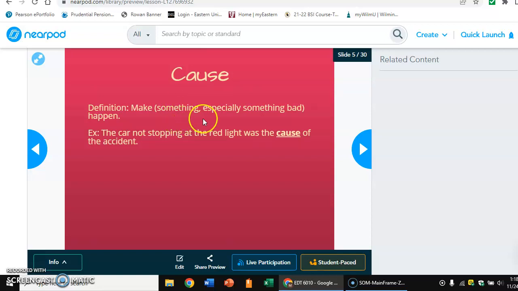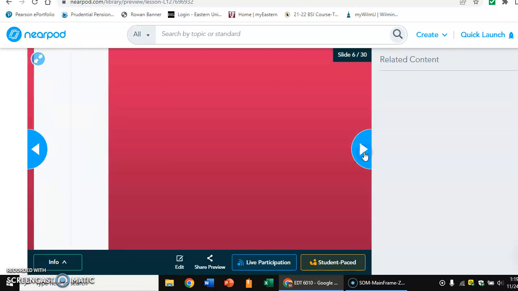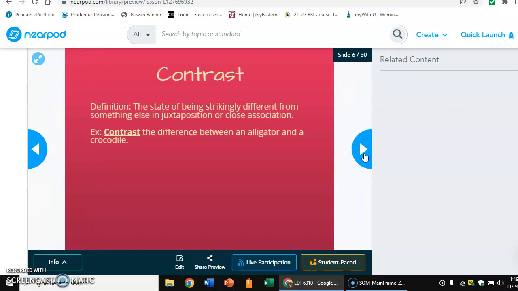Now you can replace this with something bad happening, right? The car not stopping at the red light was something bad that happened that caused the accident. Hopefully none of us are ever in this scenario, but this is just an example of cause.